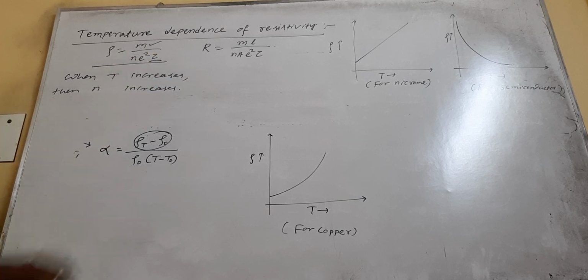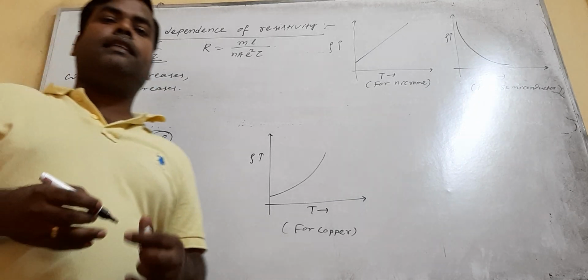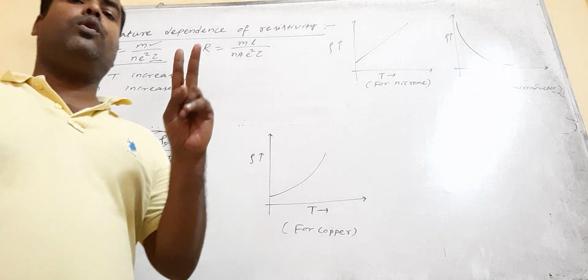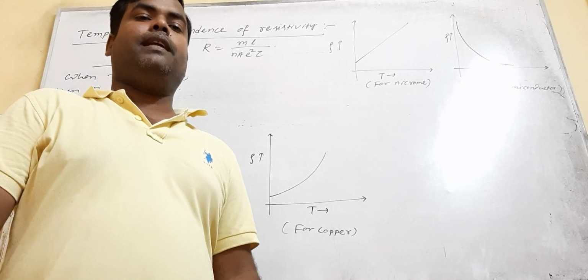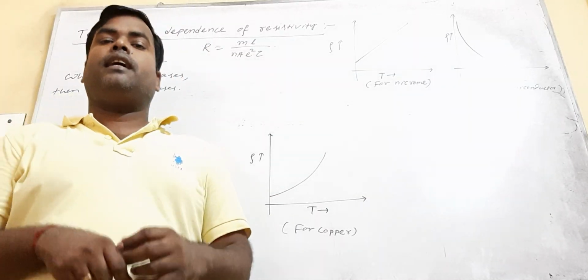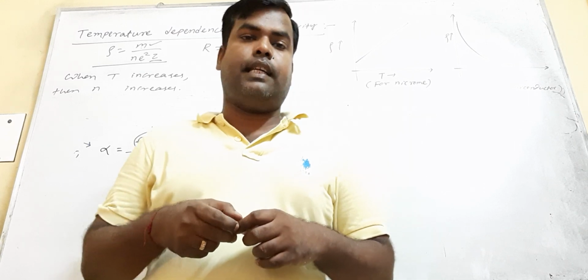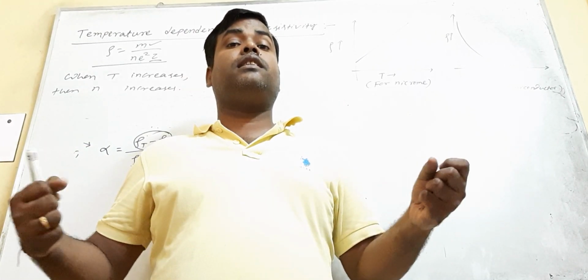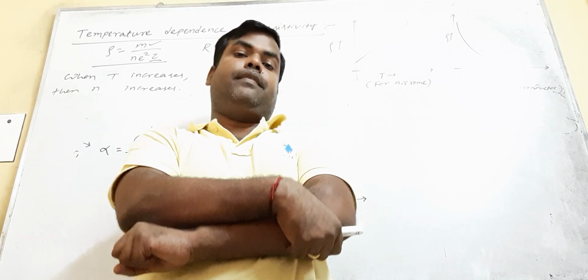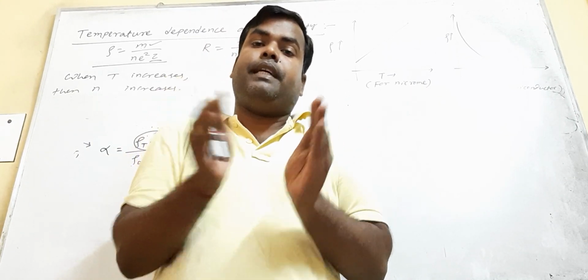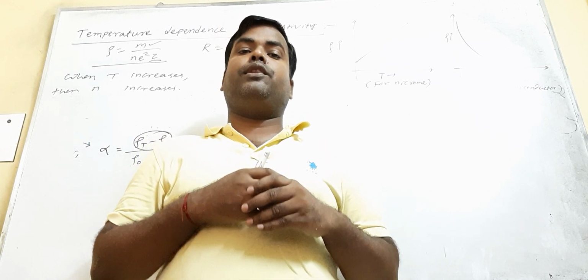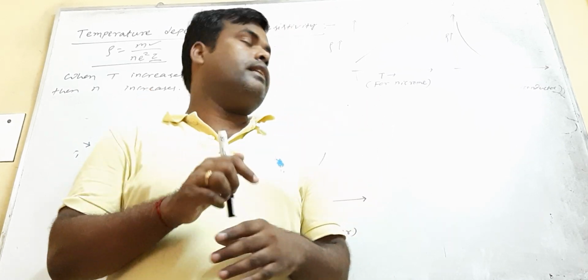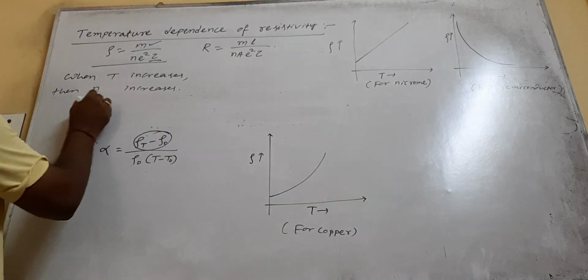Then what happens to the relaxation time? The relaxation time is the time between two consecutive collisions. When temperature increases, the kinetic energy of the free electrons increases. As kinetic energy increases, the electrons collide more frequently. That means the relaxation time decreases. The time interval between the two collisions decreases. Then tau decreases.